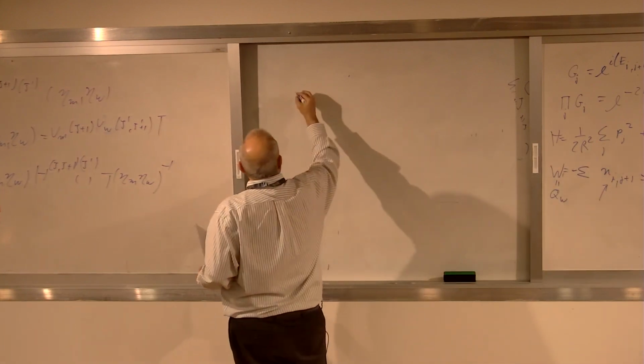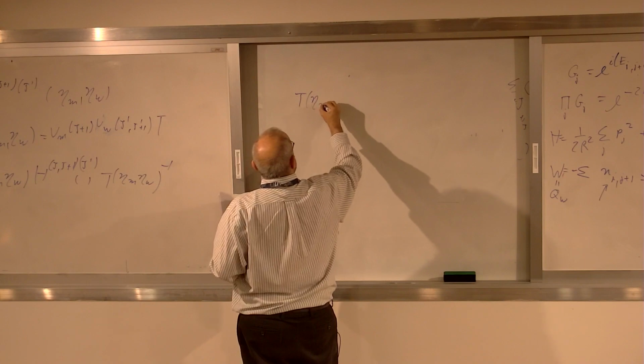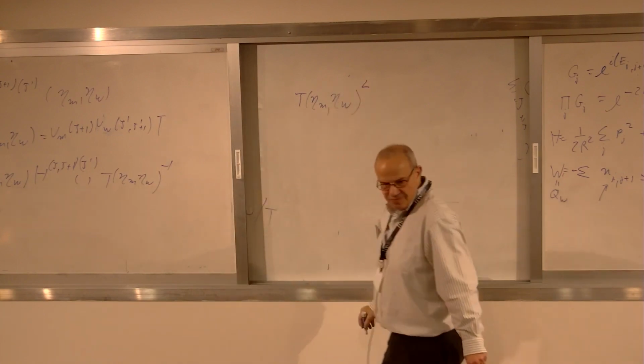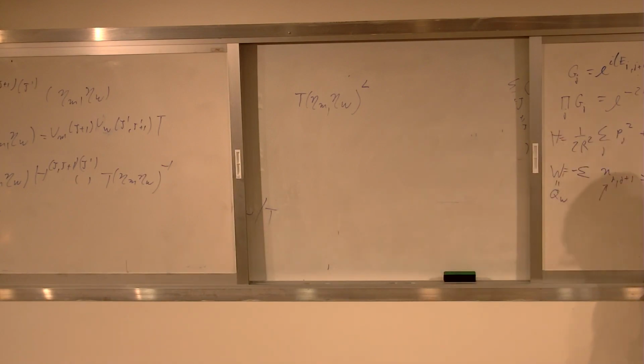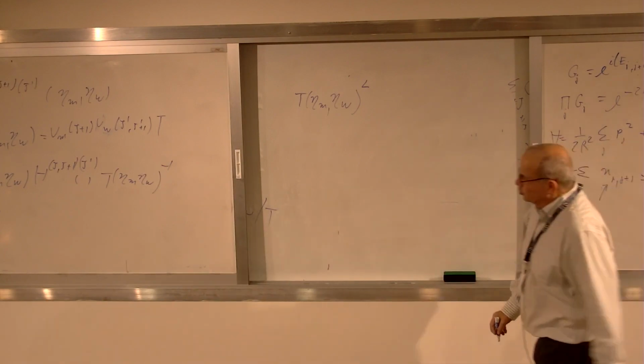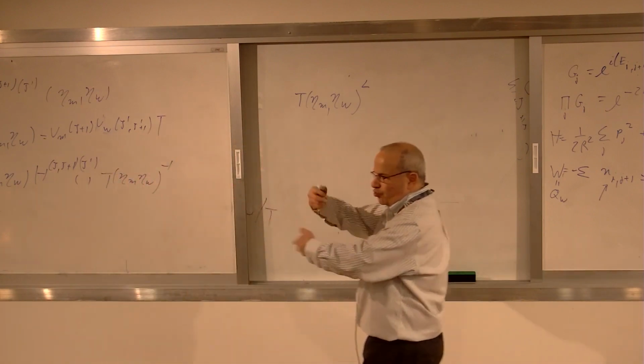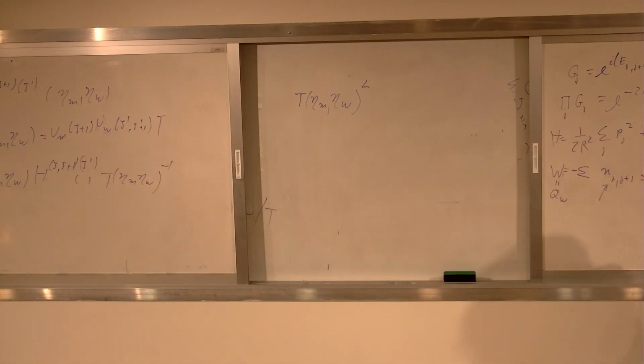Because you can ask T eta m, eta w to the nth power, what is it? So it's a completely straightforward calculation, because I told you what it is in terms of the unitaries and the original t. So I can just write it L times and see what happens.